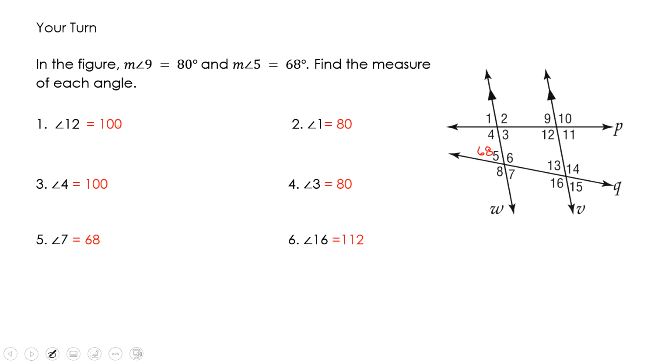Then they asked us for angle 7, which makes that 68. And then our last one is angle 16. Again, we're looking at consecutive interior angles with parallel lines, have to be supplementary, has to be 112 degrees. Does that make sense to everyone?